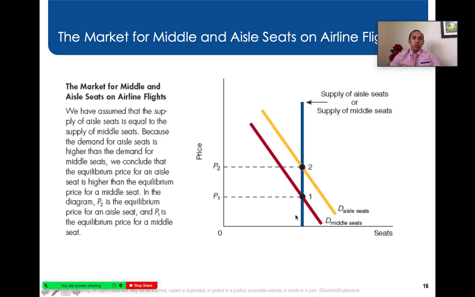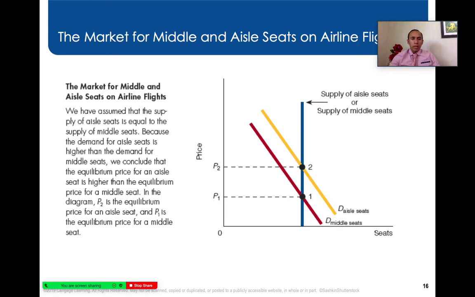So we have assumed that the supply of seats is vertical here, and that the number of middle seats is equivalent to the number of aisle seats. You can either choose middle seats or aisle seats. Suppose all the window seats are taken.